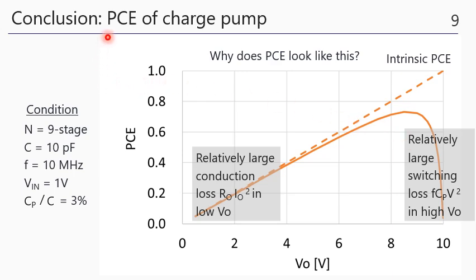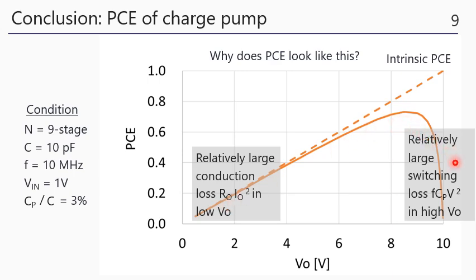In conclusion, why does the PCE of a charge pump look like this? Because the charge pump has the intrinsic PCE like this, and in the lower VO range, the conduction loss contributes to a very significant reduction in PCE.